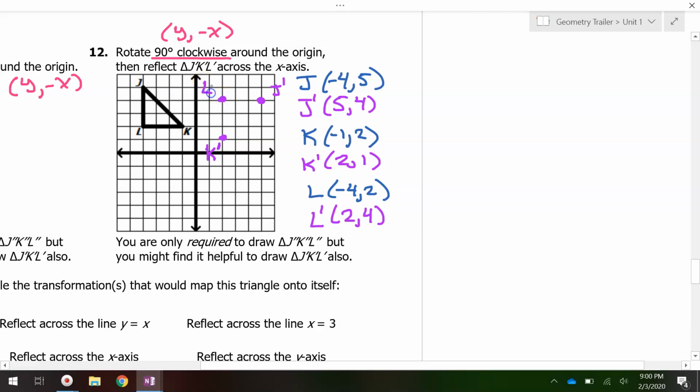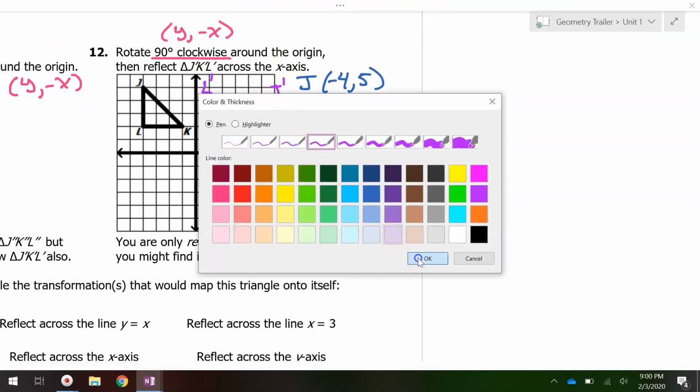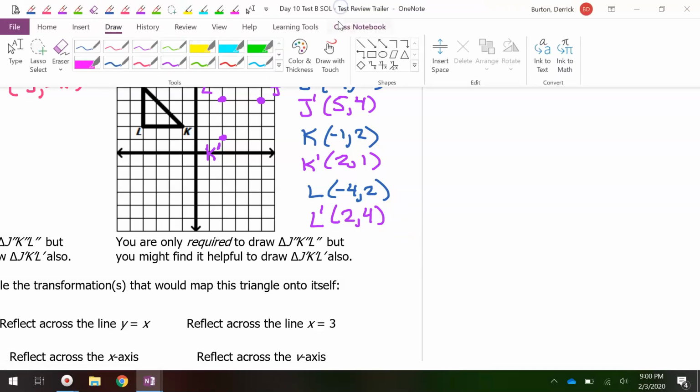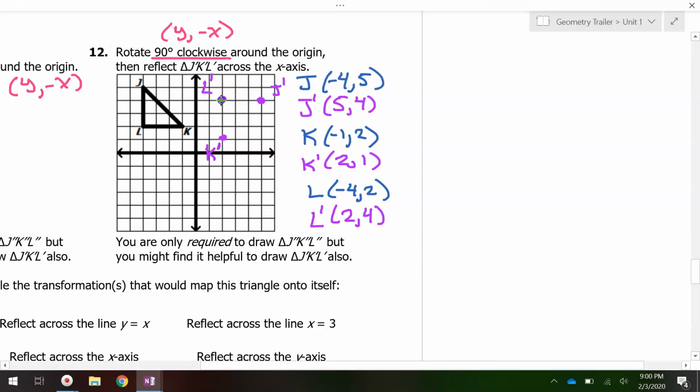And that's going to be my L prime. All right, so give me a second to connect those dots. All right, so that's what we're looking like after the first transformation, after this 90-degree clockwise rotation.